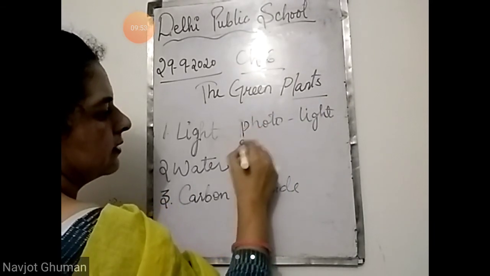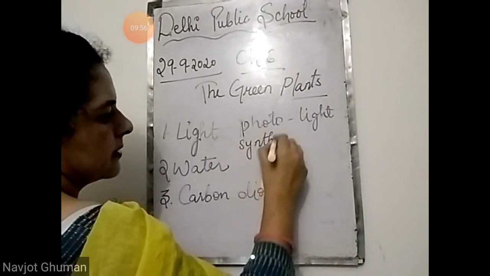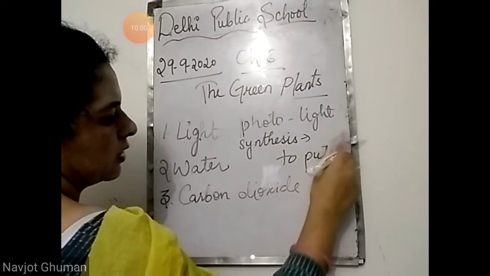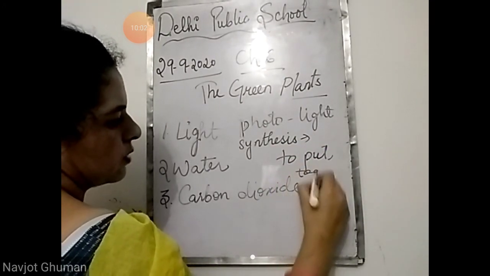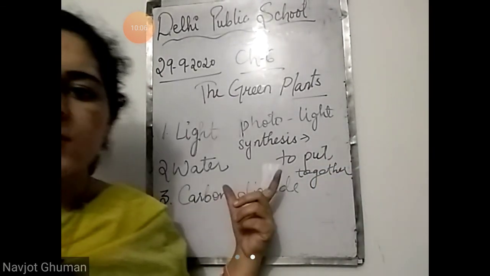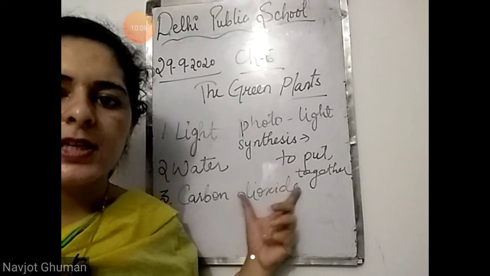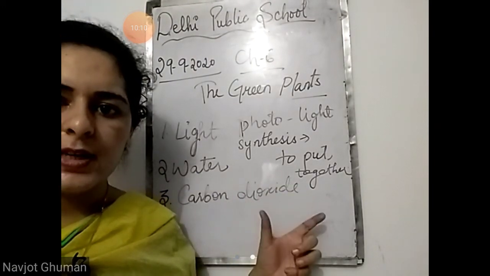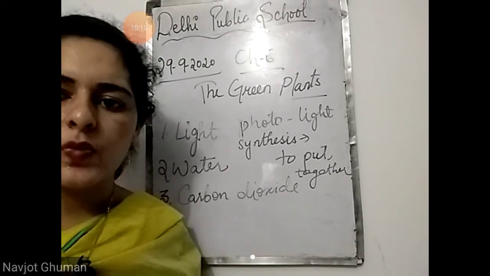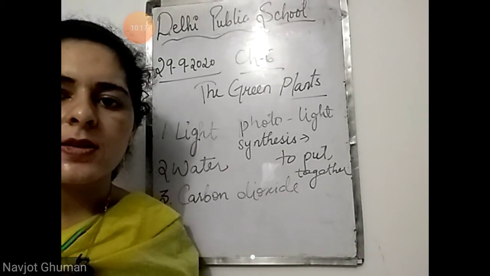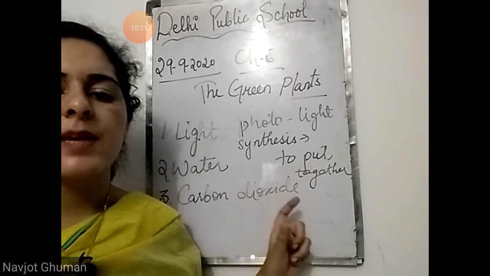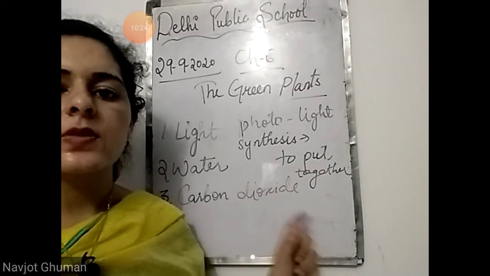Synthesis means to put together, मतलब किसी चीज को इकट्ठा करना, in the presence of light. So what is photosynthesis? The process by which leaves use sunlight to convert water and carbon dioxide into food is called photosynthesis. So this is the main term in this chapter that you should know. What is photosynthesis?